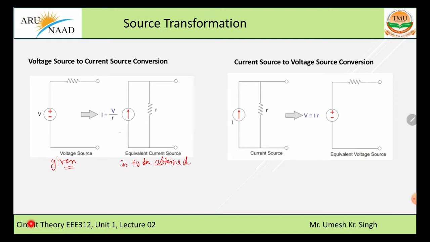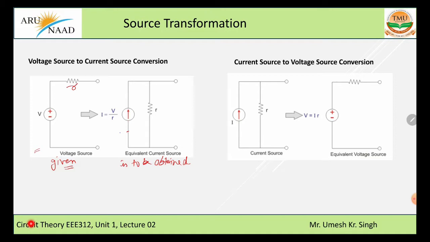In this case resistance will also be given. Now if we have a voltage source and a small value of resistance connected in series, this is the voltage source representation. Now the current source representation is this.